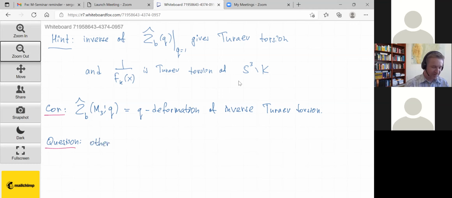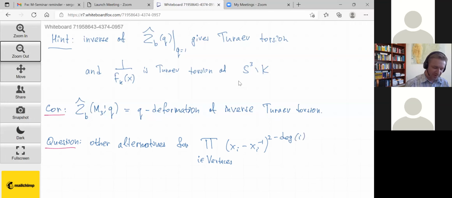Can we find other alternatives for this choice of integrand, xi minus xi inverse to the power 2 minus the degree of the corresponding vertex, such that the result is invariant over three-manifolds, invariant under Kirby-Neumann moves?